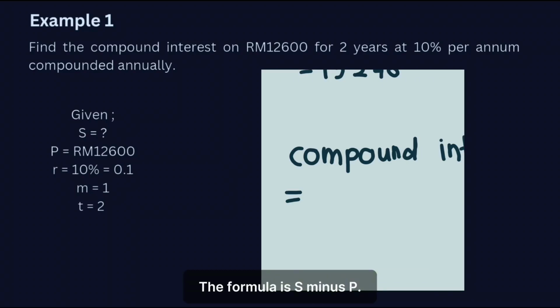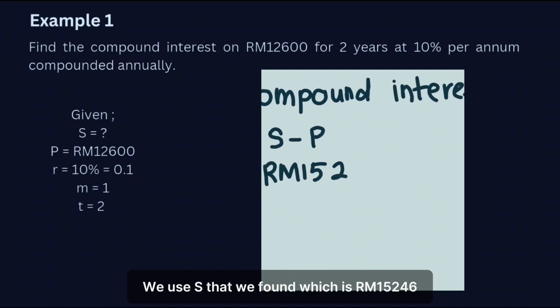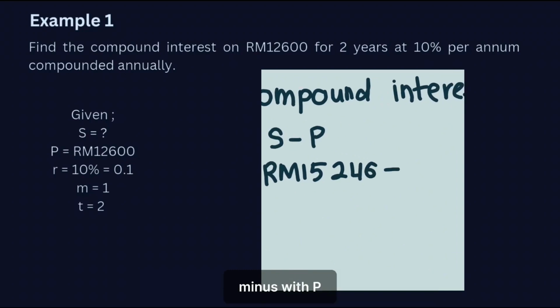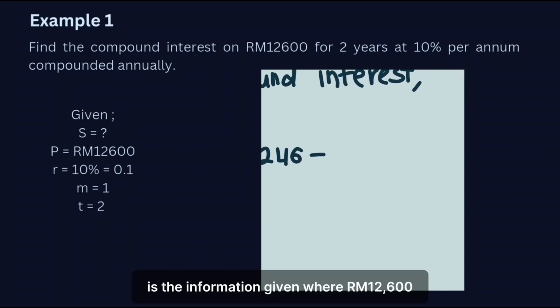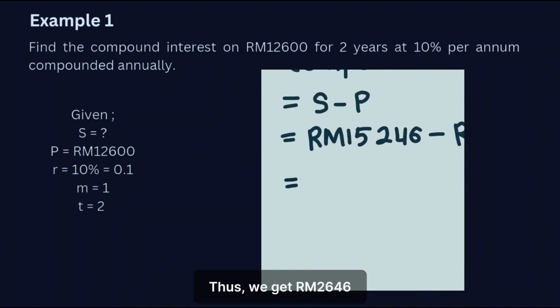The formula is S minus P. We use S that we found, which is 15,246 ringgit, minus P, which is the information given, 12,600 ringgit. Thus, we get 2,646 ringgit.